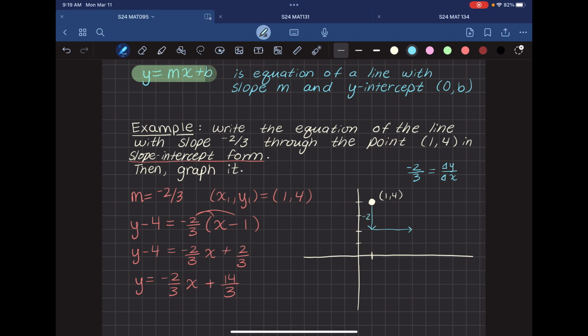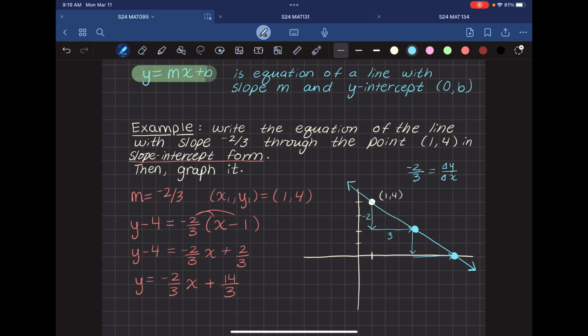So this is my negative 2, my positive 3, and then that's going to lead me to another point on my line. And I can do this repetitively, so I can go down 2 over 3. That's going to give me another point on my line. And then I can go ahead and graph this line. So this is going to be the graph of our line right here.